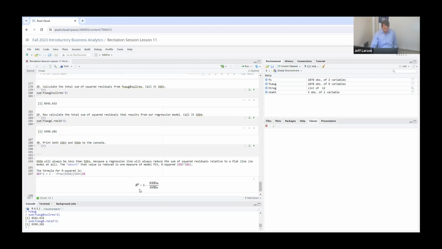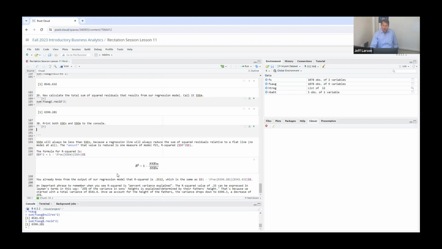We have our calculation of r squared. I give you the formula right here. It's going to be 1 minus SSE of the model. That's the sum of squared errors of our model, and that is 6396.281 divided by the amount of error we started with, which was 8541.632.